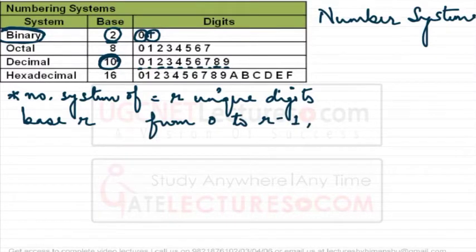See here, in binary base is 2. So it is having two unique symbols, two unique digits which are 0 and 1. 1 is 2 minus 1. Fine. In decimal we are having base 10. So we are having 10 unique symbols which are 0, 1, 2, 3, 4, 5, 6, 7, 8, 9. 9 is 10 minus 1. See, 0 to r minus 1.